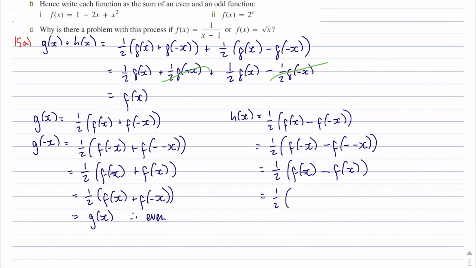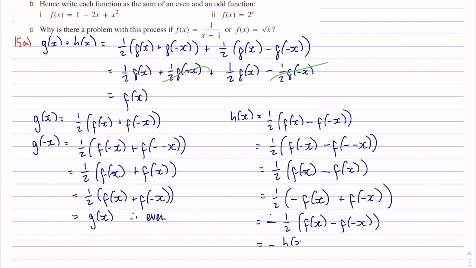Half minus f of x plus f of minus x. So I'm just getting things into position, which means it's a negative half f of x take f of minus x, which means it's negative h of x, therefore it's odd.